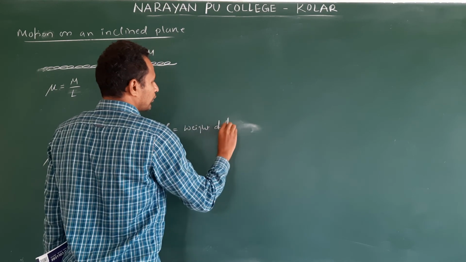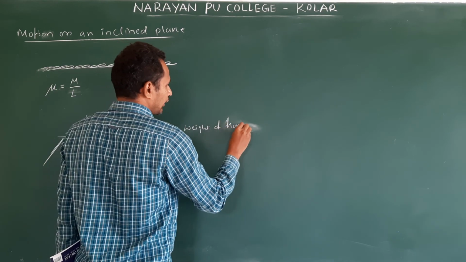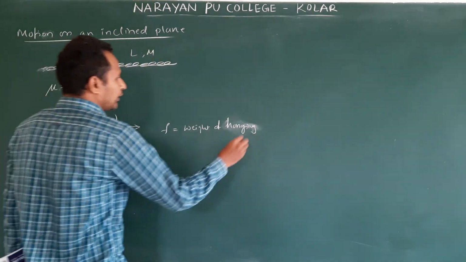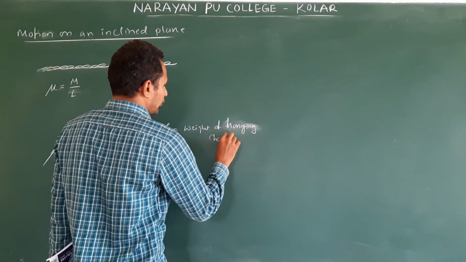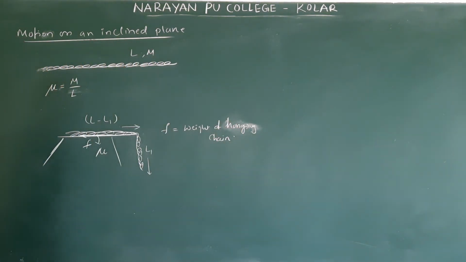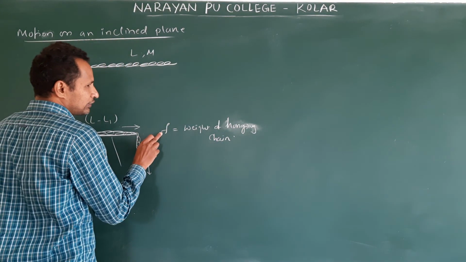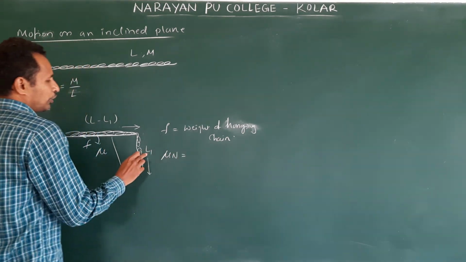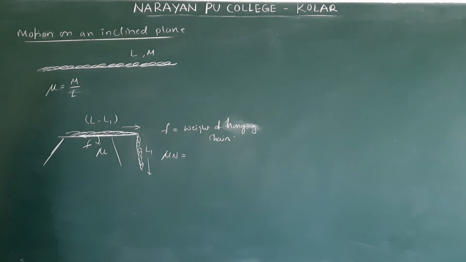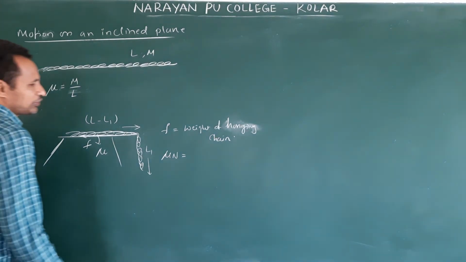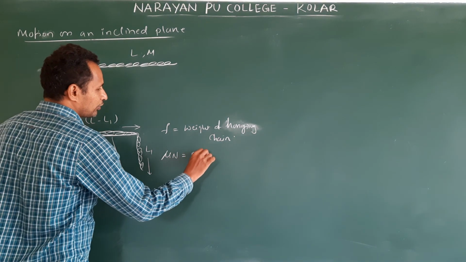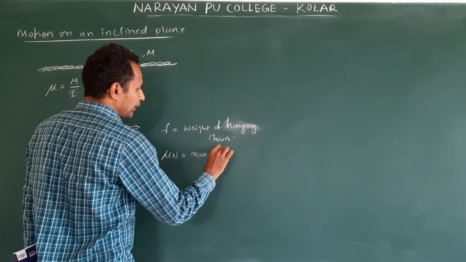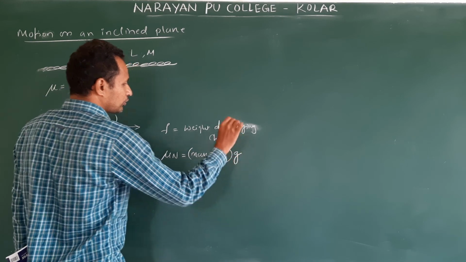Weight of the hanging chain. Clear? Then how do you write this friction? Mu into N is equal to the weight of the chain. Weight of the chain means we need to know the mass of the hanging chain, mass of L1 into g.